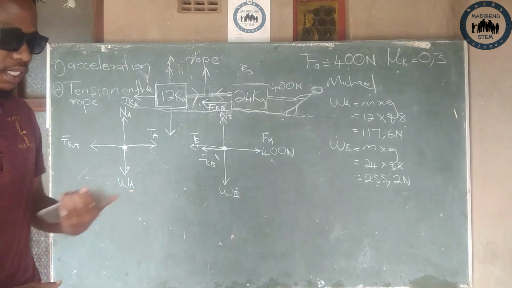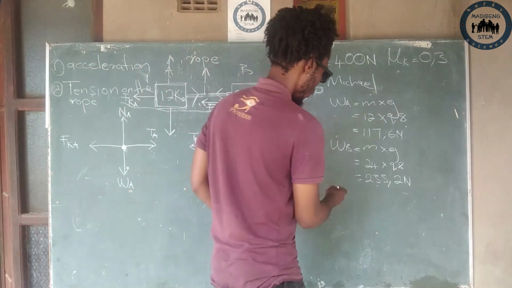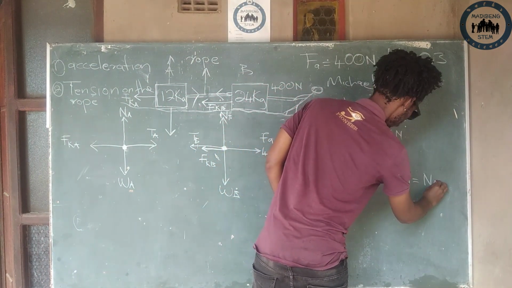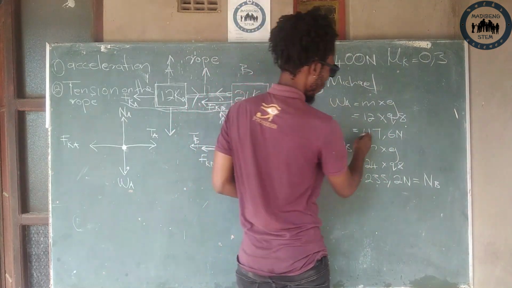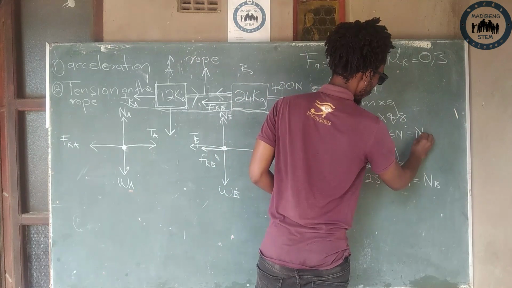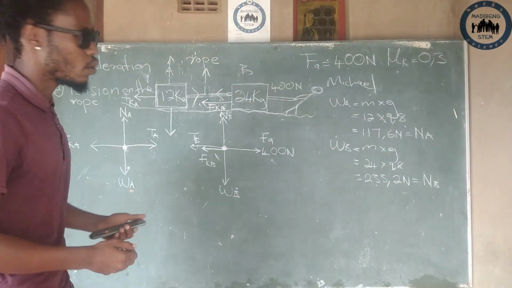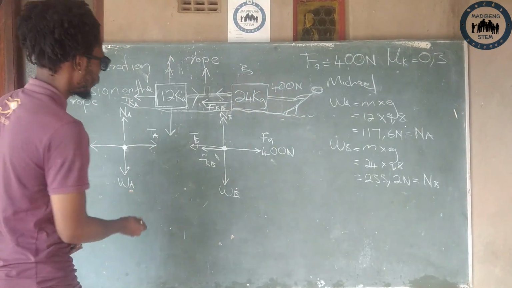They are equal, but they act in different directions. So this is equal to our normal force for object B, and this one is also equal to our normal force. They are equal, but they act in different directions.